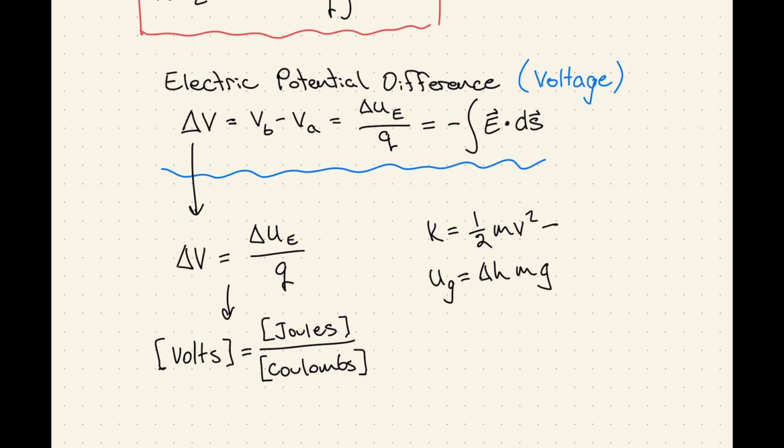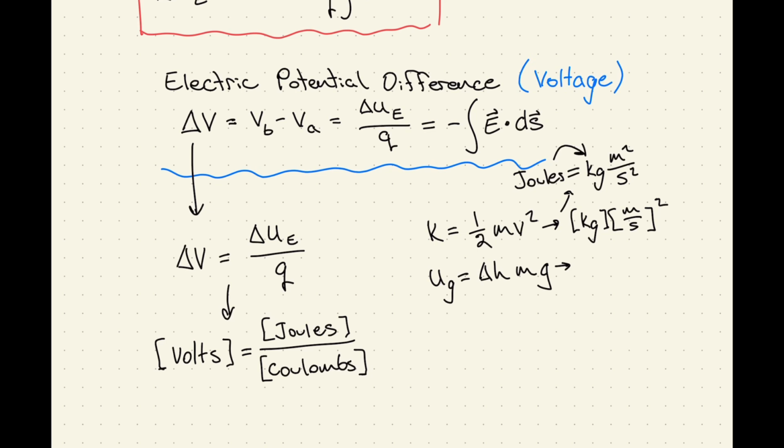If you take a look at these guys' units, over here what we have is 1/2, which is unitless, mass, which has units of kilograms, and here we have velocity, which is meters per second, and then all of this is squared. So what this gives us is kilograms meters squared per second squared. And on the other side, kinetic energy is equal to joules. So you can see joules can be written as kilogram meter squared per second squared.